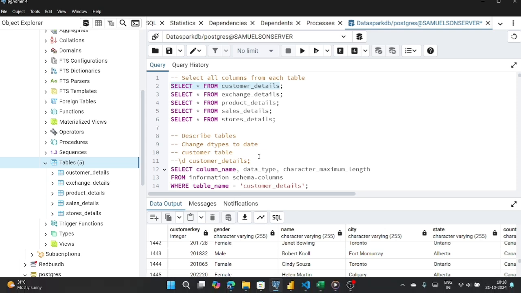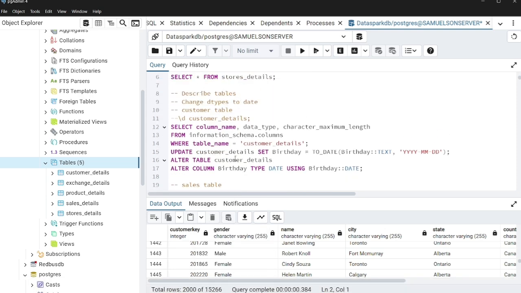Now we loaded that, and here we alter tables. I already told you that instead of changing the date type in Python, we are changing the birthday type here, and the order date type here also.